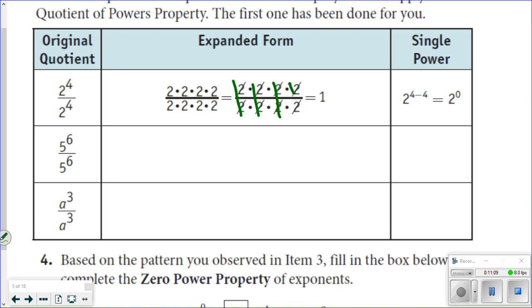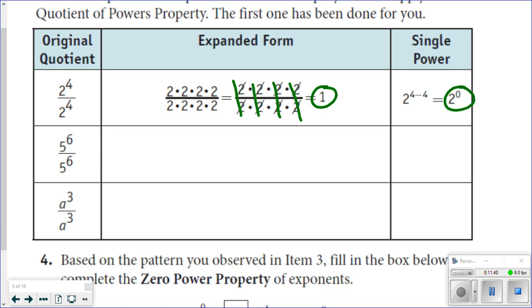Anytime we're doing 2 divided by 2, it's just 1. So we're left with 1. But you know that if we have a division problem, we are subtracting our exponents. So keep the base, 2 to the 4th power minus 4. So 4 minus 4 is 0.